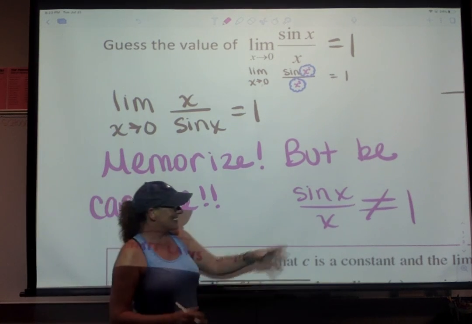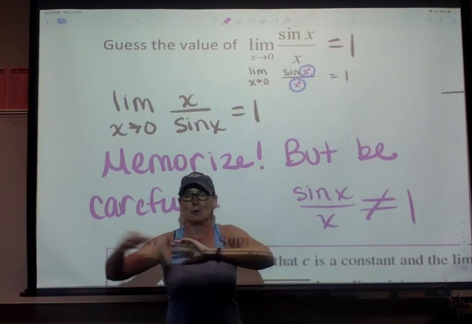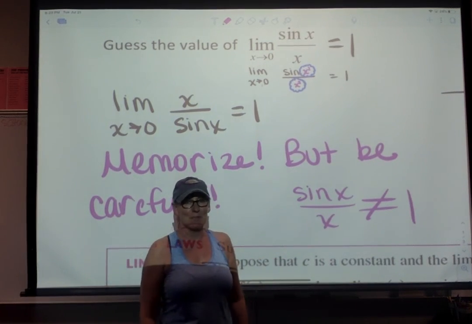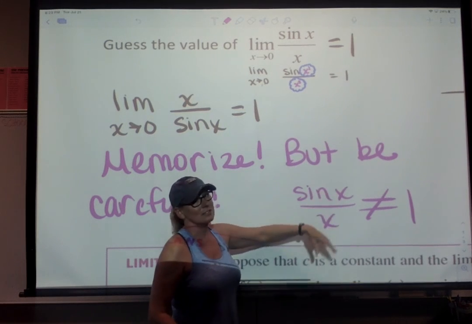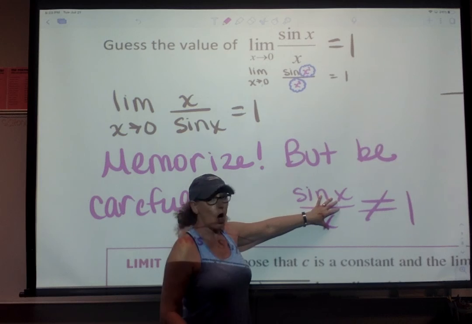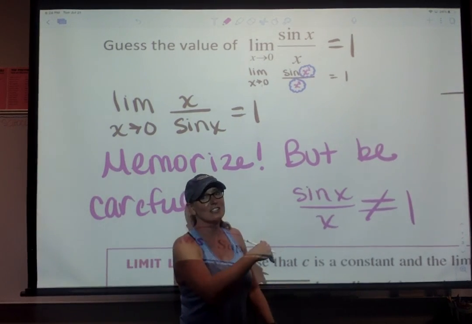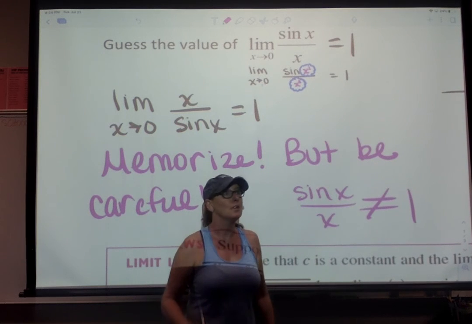So this fraction has appeared in a quiz or a test somewhere, and several somebodies will see this and be like, oh, I know this. That's 1. I can cancel it and just call it 1. No, you can't.